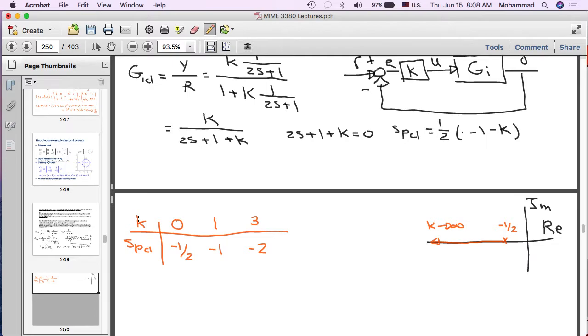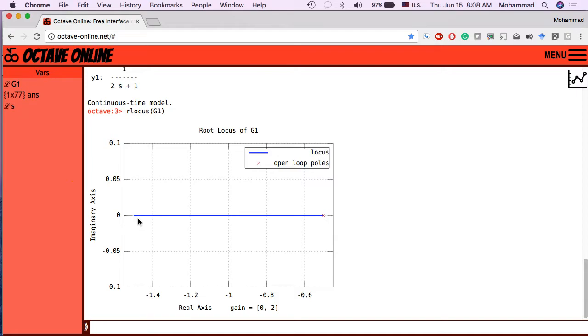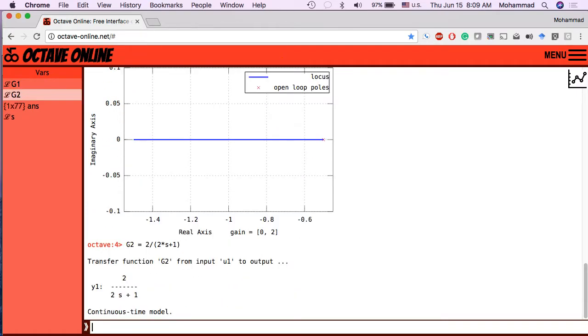And you can also compare. So you can talk about g2. g2 was 2 over 2 times s plus 1. And you can define g3 as 3 over also 2 times s plus 1.